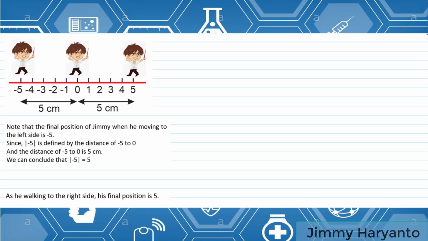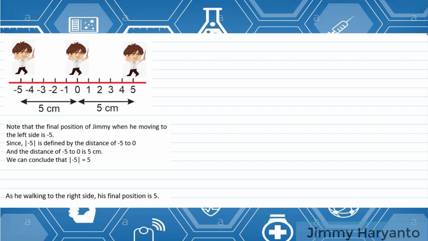From the illustration we know that when the man walks to the left side to negative 5, it represents absolute value of negative 5. The distance from 0 to negative 5 is 5 centimeters. And also, the distance between 0 to 5 is 5 centimeters.